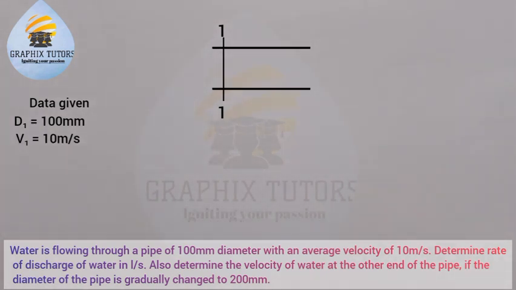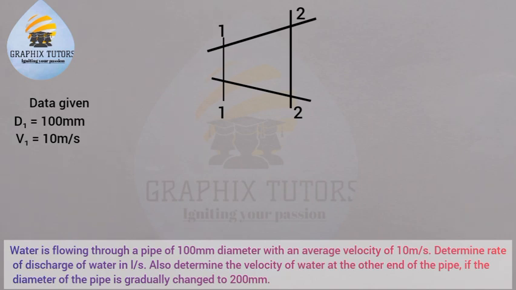The question now says that it gradually increases. Look at what's happening to the pipe. The pipe gradually increases to a diameter of 200 millimeter, and we don't know the velocity. That's why we're told to calculate for it, so I'm using a question mark there.